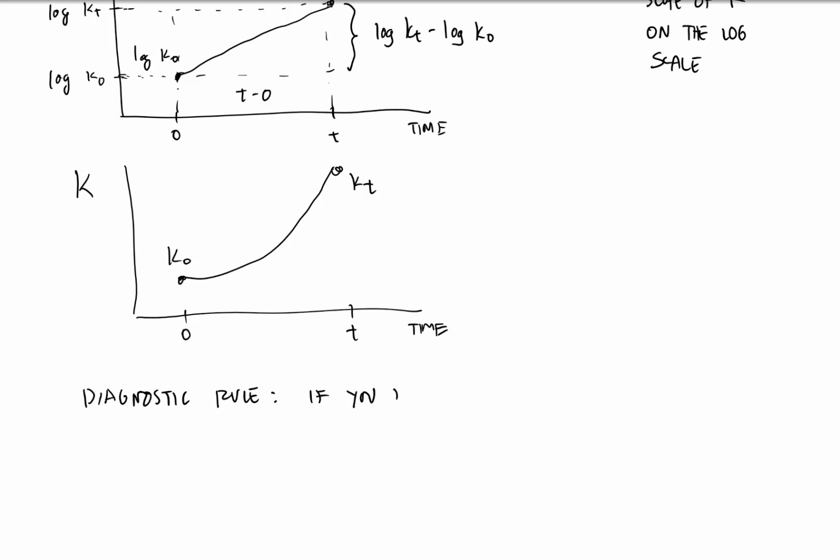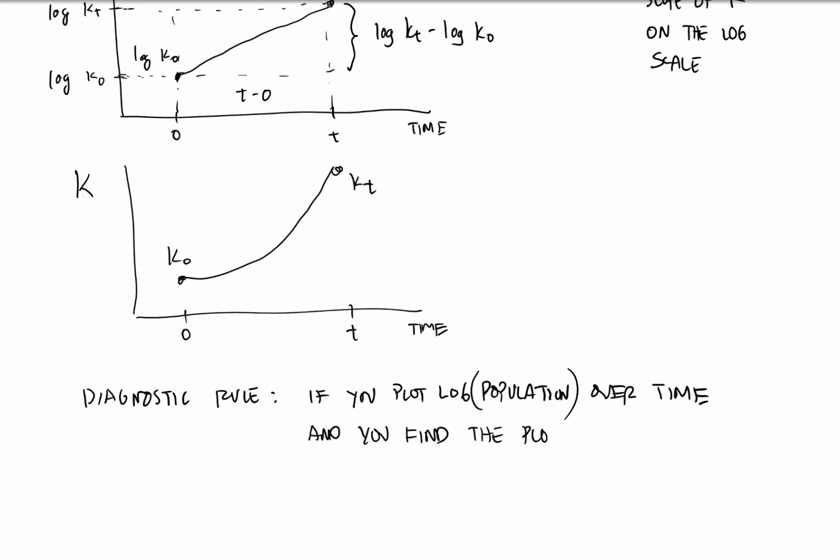If you plot the log of the population over time, and you find the plot looks linear, then the population is growing exponentially.